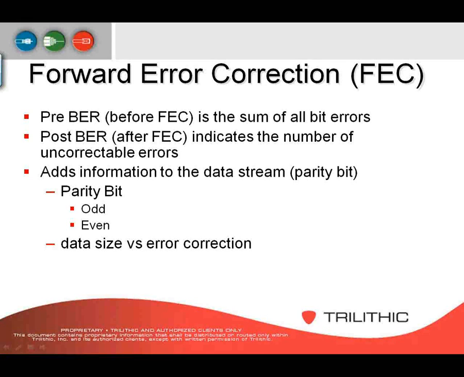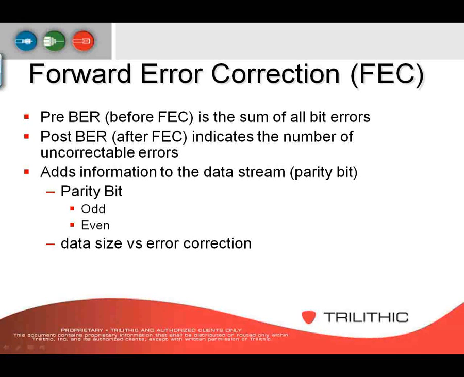Pre-BER, or before the forward error correction, is the sum of all bit errors, and post is after the corrections are made. The way this works is that in the data stream there's something added called parity bits.